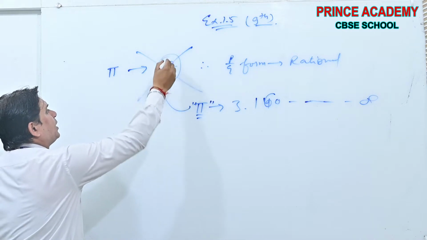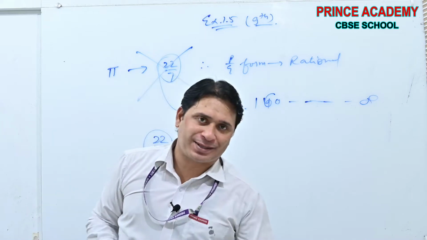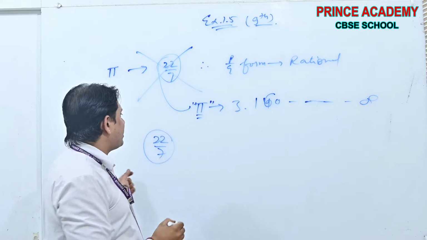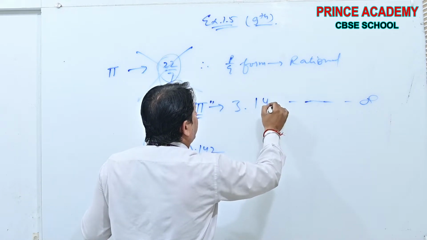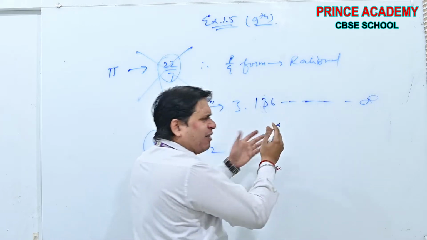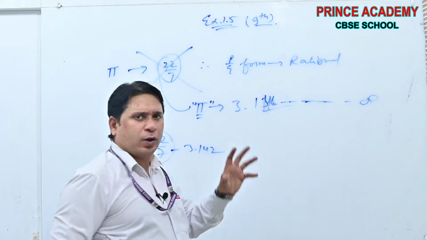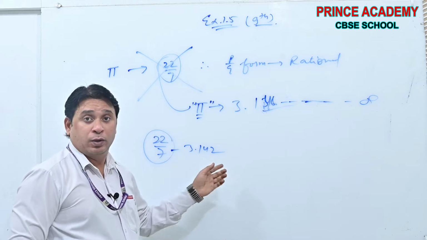But if we say 22/7, to make the calculations possible and easier, we use this. Because this is the value 3.142, I do not remember exact figures, sorry. It was 3.142.